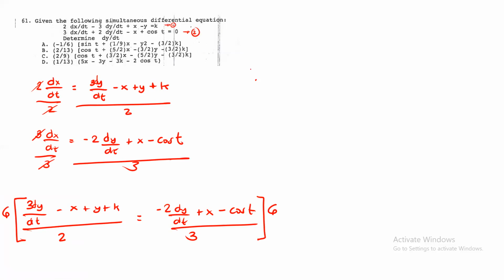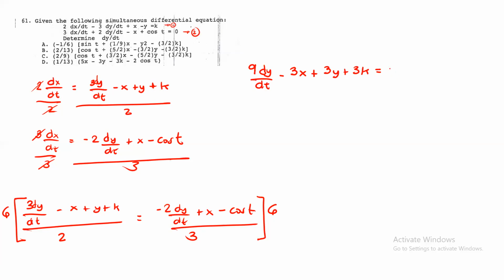So magiging 9 dy over dt. So 9. So 3 minus 3x plus 3y plus 3k is equals to, dito naman 6 divided by 3 is 2.